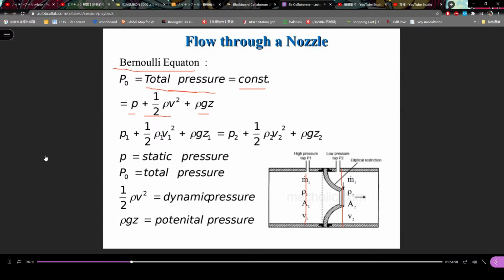For internal energy, here we use this P to represent it for fluid flow because no temperature is considered. If we want to consider temperature like thermodynamics, we have to include the internal energy, U. But here, we don't consider temperature, and we don't consider other internal energy. Only the P, the pressure, static pressure.